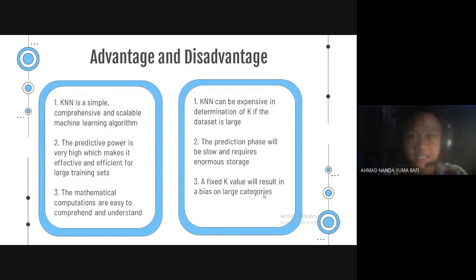For the disadvantages, the first is KNN can be expensive in determining k if the dataset is large, and the prediction phase will be slow and require enormous storage. And the last is a fixed k value will result in a bias toward large categories.